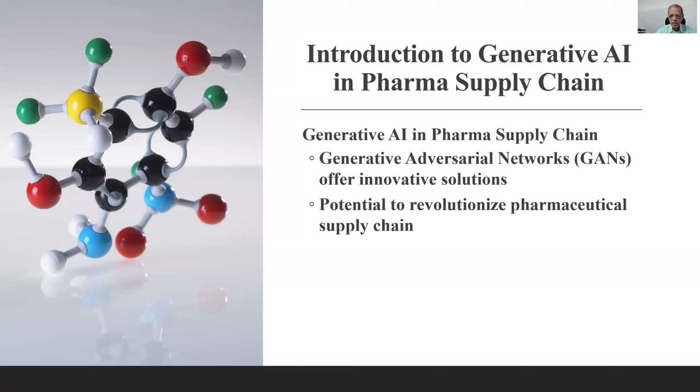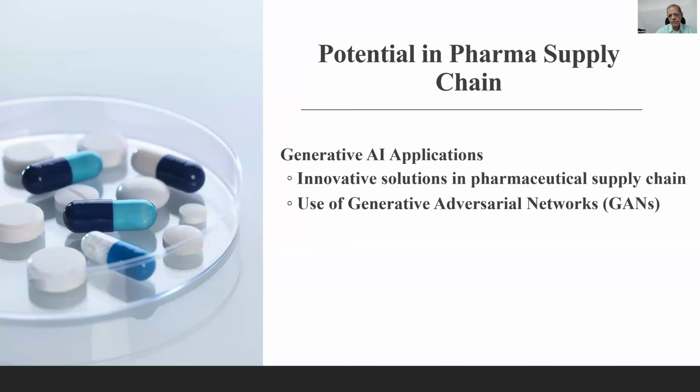There is a potential to revolutionize pharmaceutical digital supply chain management. We are shifting from analog-based, silo-based systems to seamless digital supply chain management with emerging technologies. So the potential is huge.